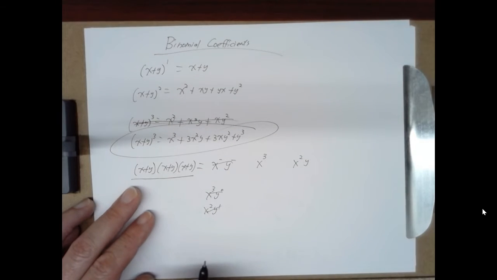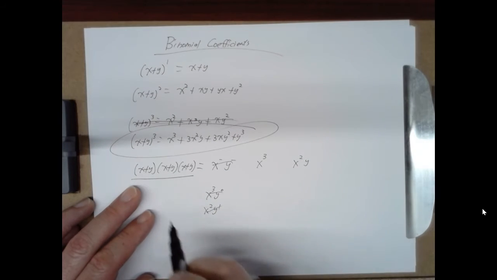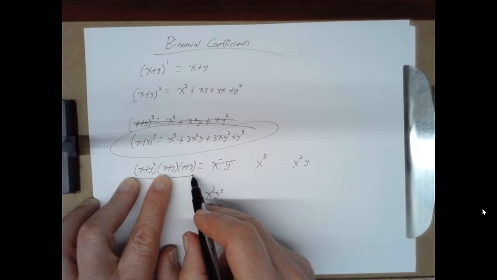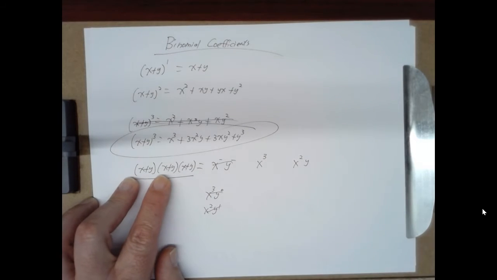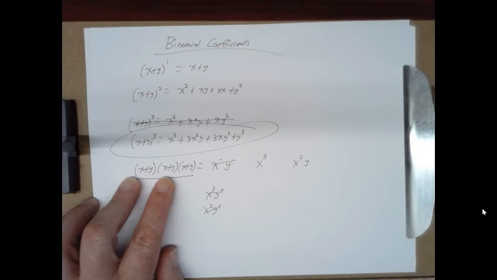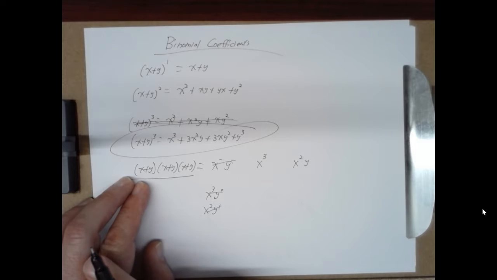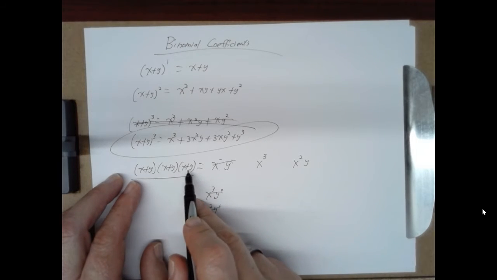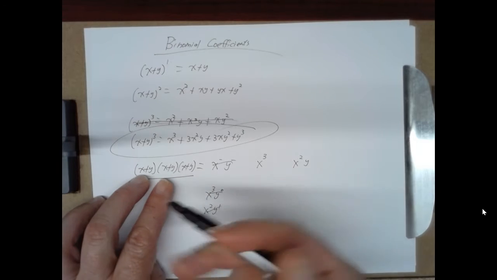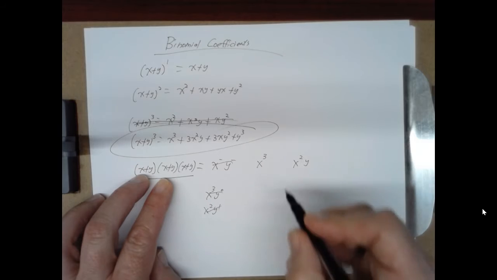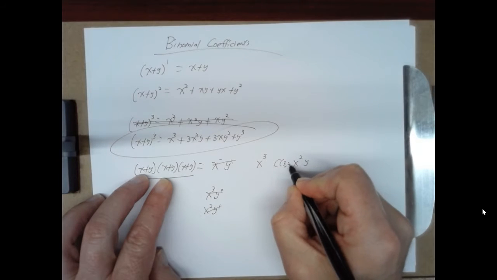X squared y, we're going to get when we choose the first from two of these and the last from one of these. So how many ways can we choose two of these expressions to pick the first term from? We've got 3 expressions, and we want to pick 2 of them that we're going to pull the x from. That's just C3,2.